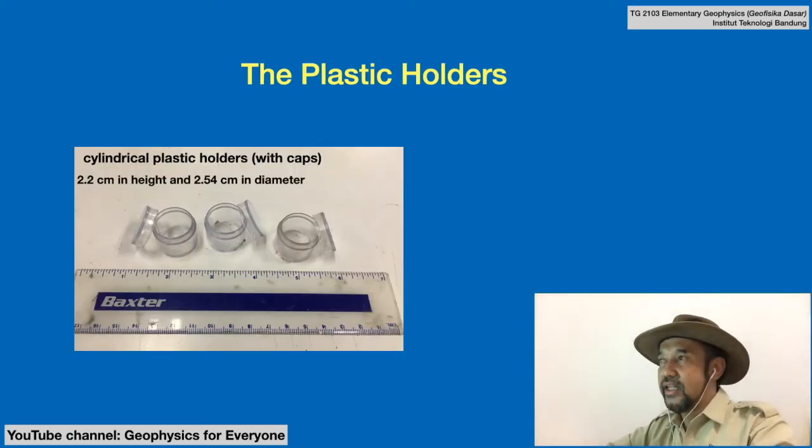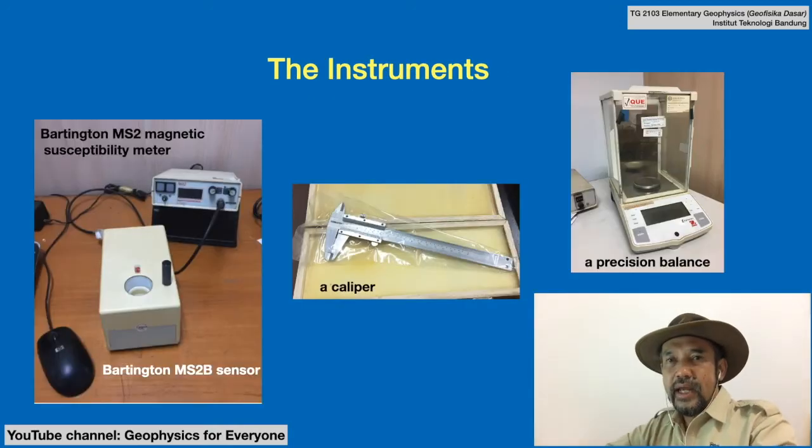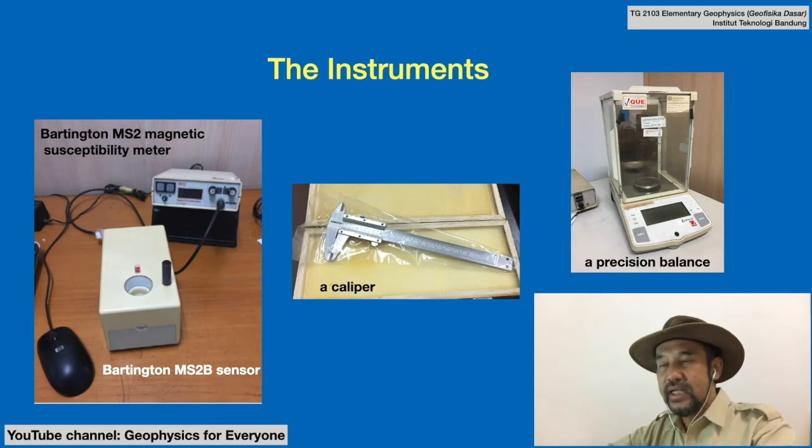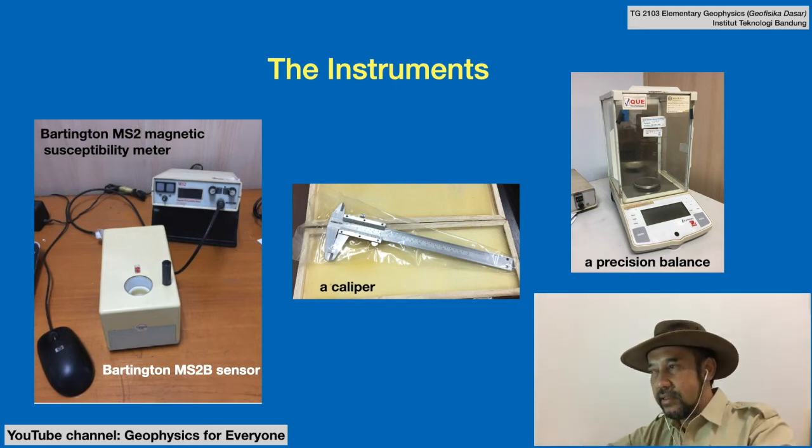We also need the cylindrical plastic holders, and basically the same instruments: a precision balance to measure the mass of the samples and a caliper to measure the dimensions.